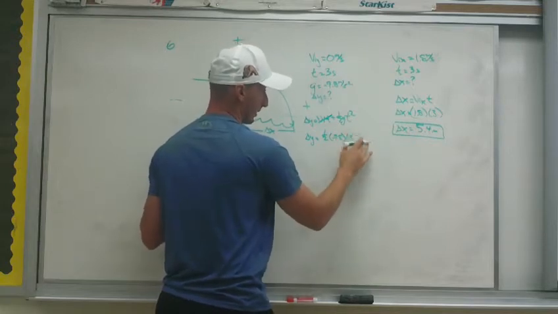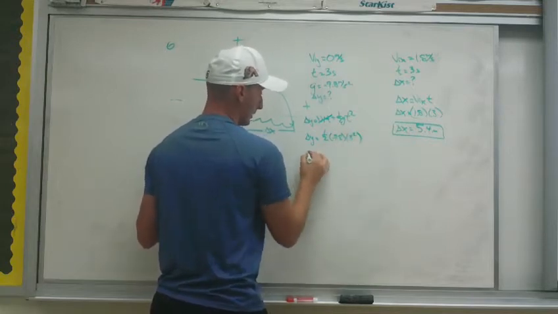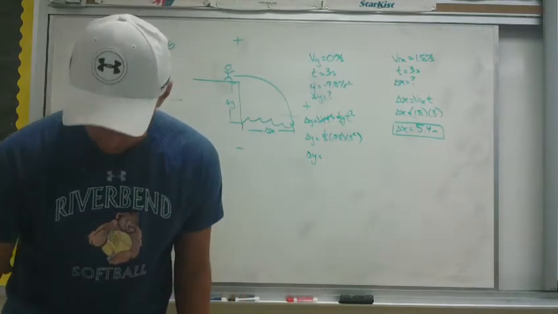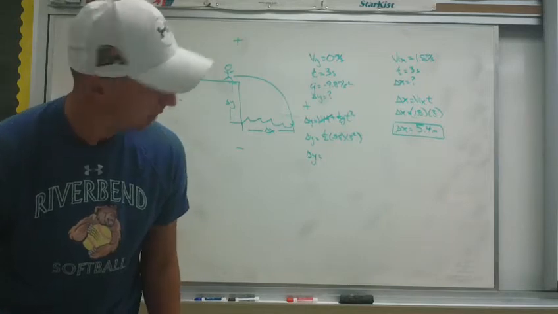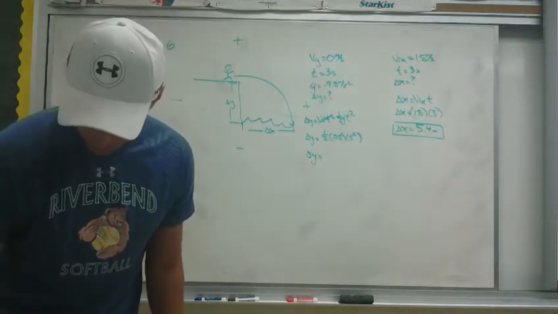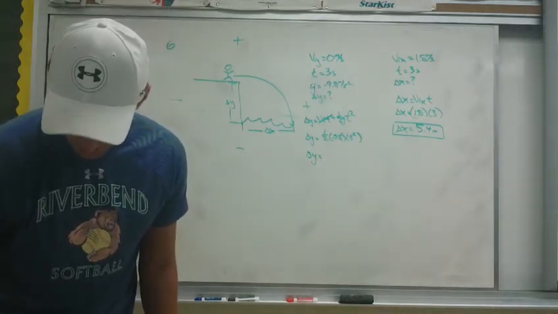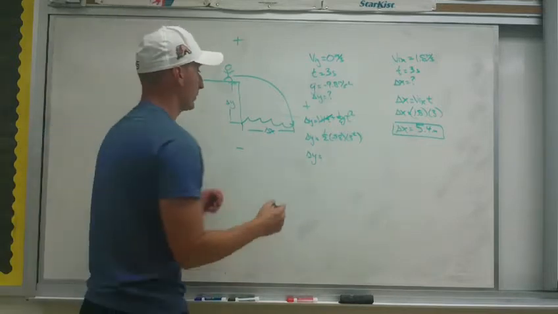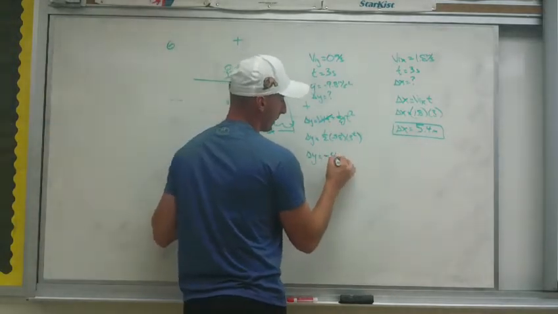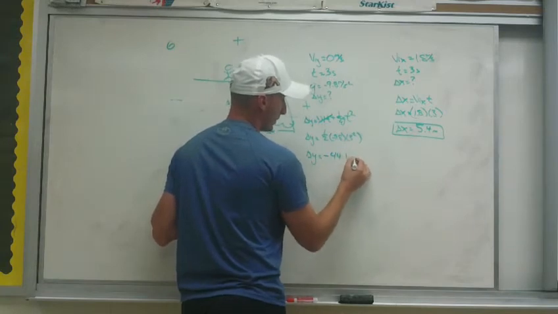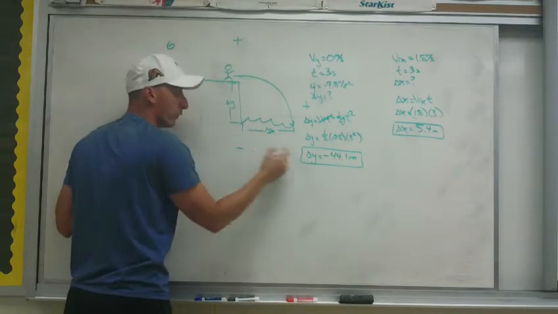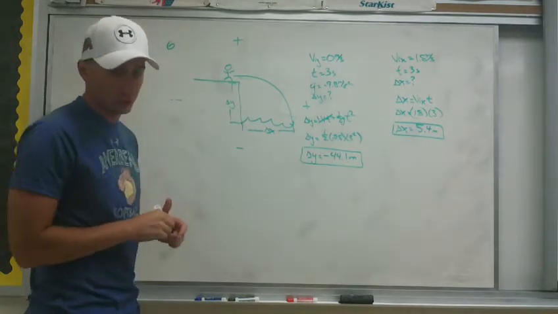Let me rewrite that. The 3 is squared. I do 3 squared times negative 9.8 times 0.5. I get negative 44.1 meters. So all that means is he travels downward 44.1 meters.